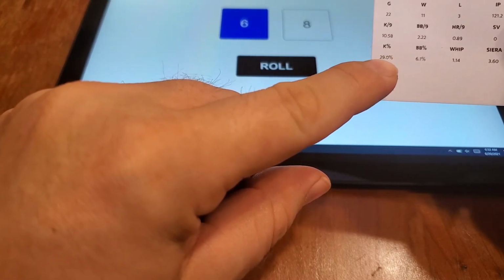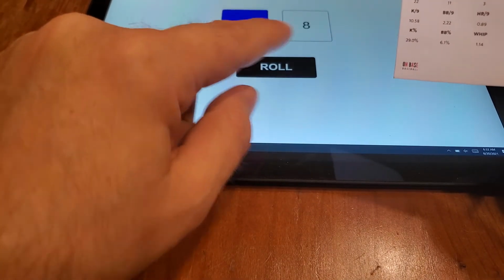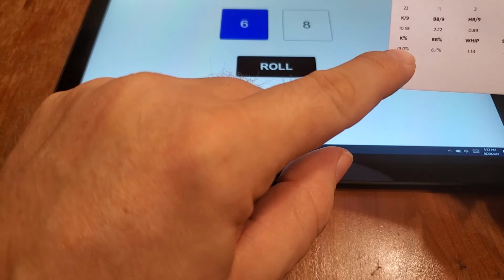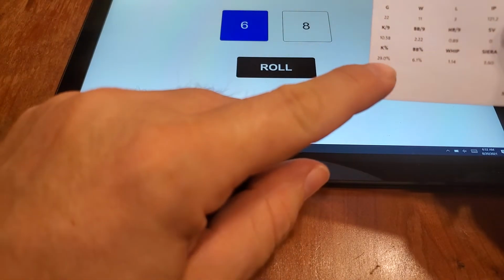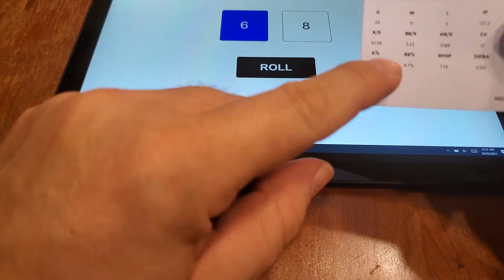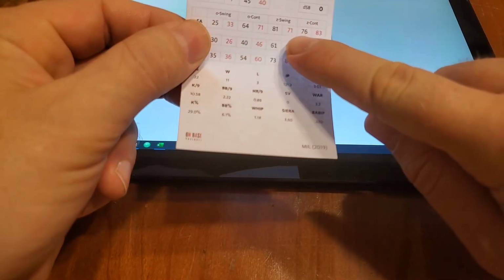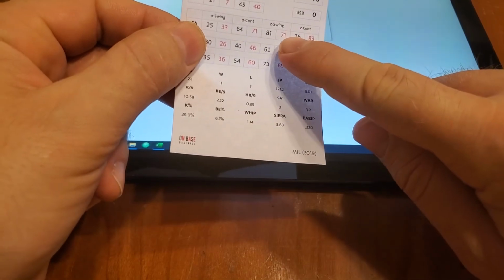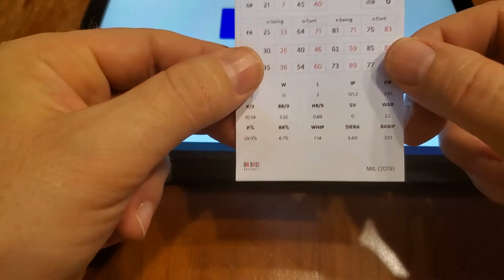If this roll had been, say, 12, that would have been inside his automatic K range, and that would have been an automatic strikeout on the batter. As it is, it's greater than his K percentage, but it's less than his swing percentage. So it's still within the 1 to 71 here, 68. So that's actually a swing on the plate.